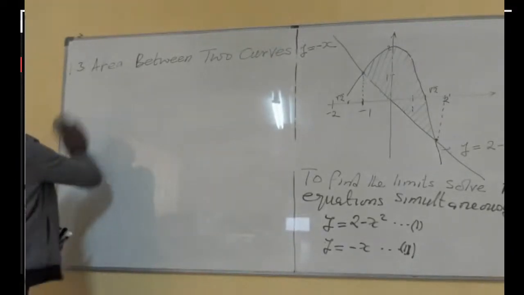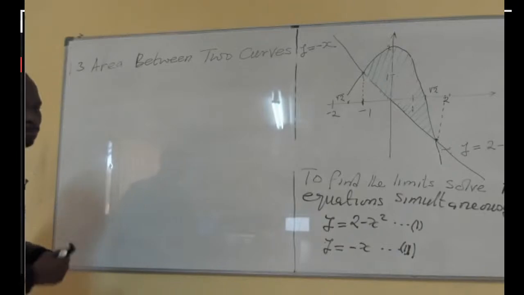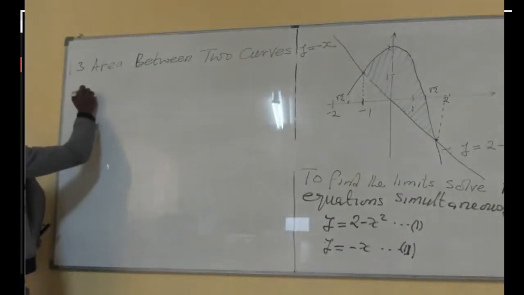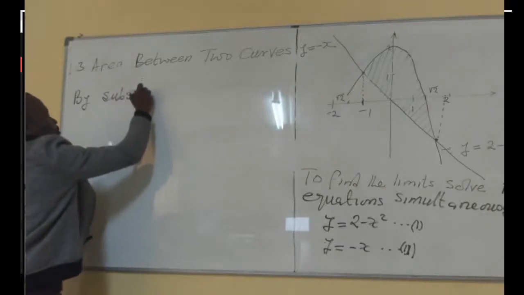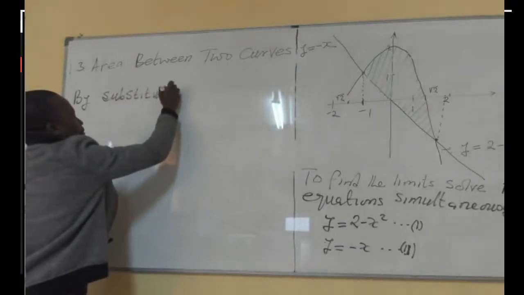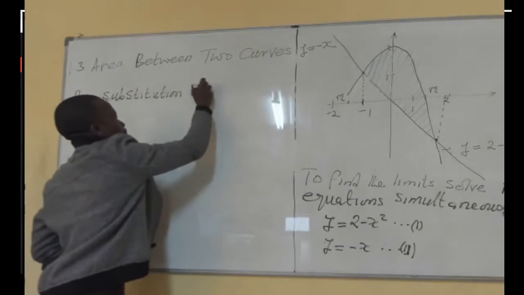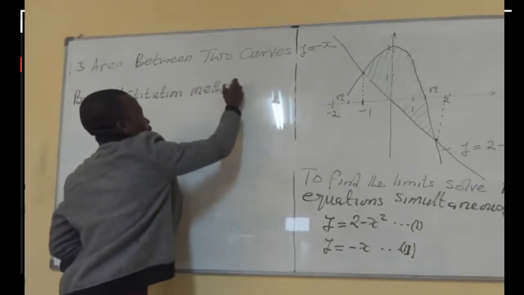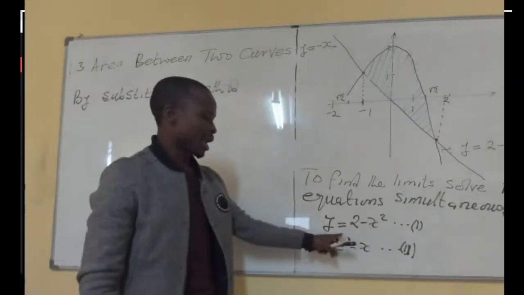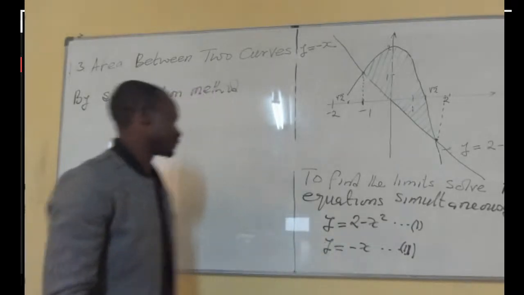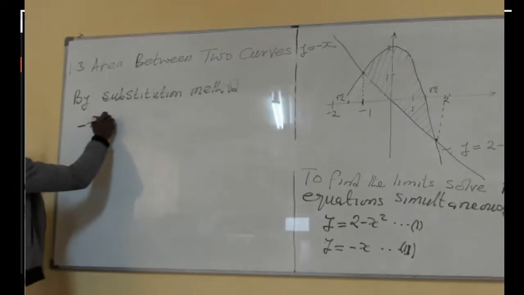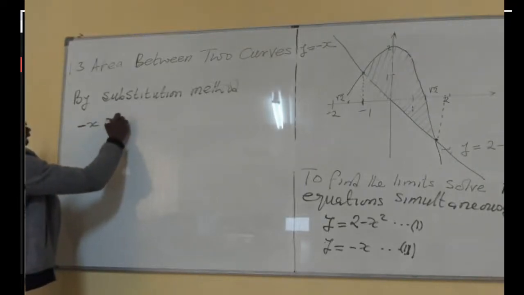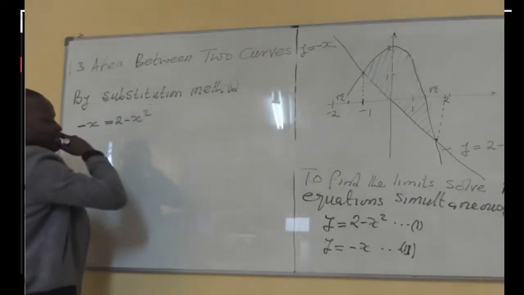By the substitution method, where there is y in the first equation, we substitute negative x. What we have is negative x is equal to 2 minus x squared.